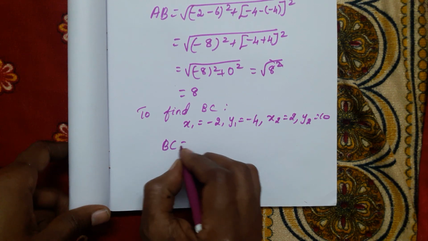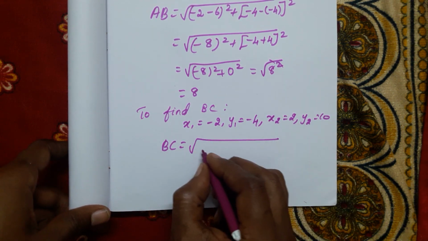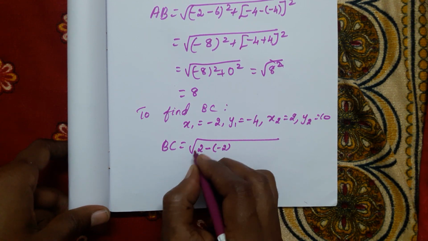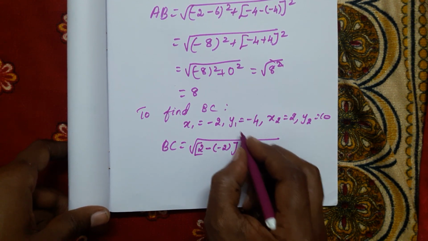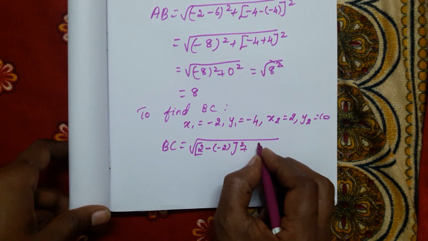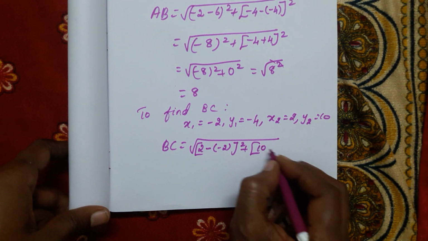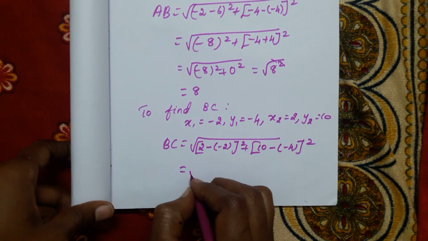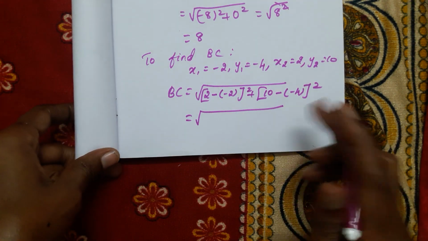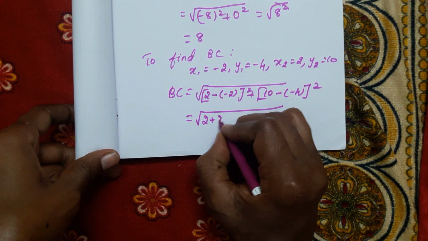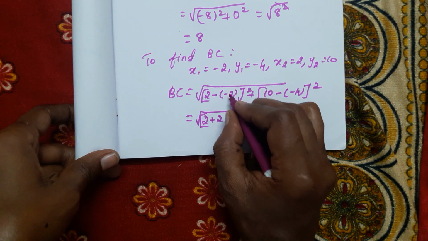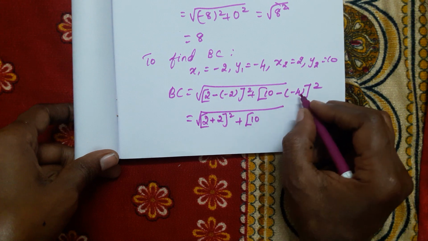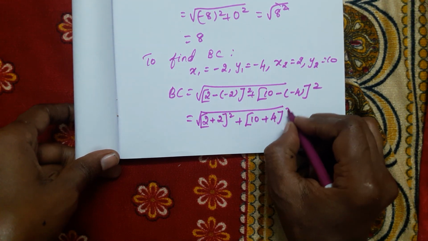So BC is equal to root of (x2 minus x1) the whole square, means (2 minus -2) the whole square, plus (y2 minus y1) the whole square, means (10 minus -4) the whole square. It's equal to root of (2 plus 2) the whole square plus (10 plus 4) square.